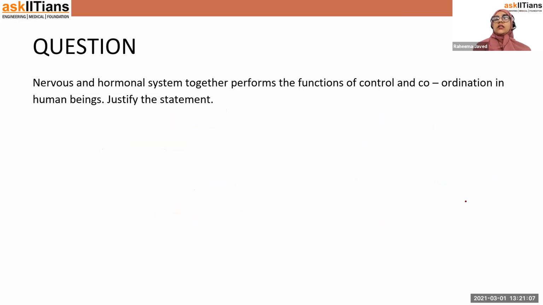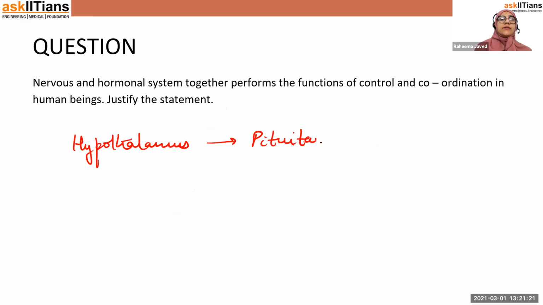The nervous and hormonal system together perform the function of control and coordination in human beings. Justify the statement. Here the hypothalamus is connected to the pituitary gland, and the pituitary gland is controlling the secretion of all the other glands. But the pituitary gland receives the signal for its secretion from the hypothalamus.